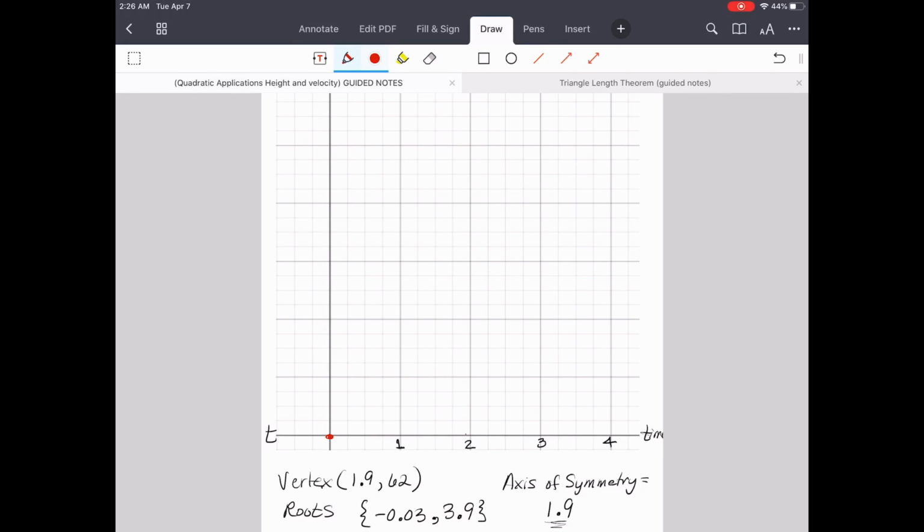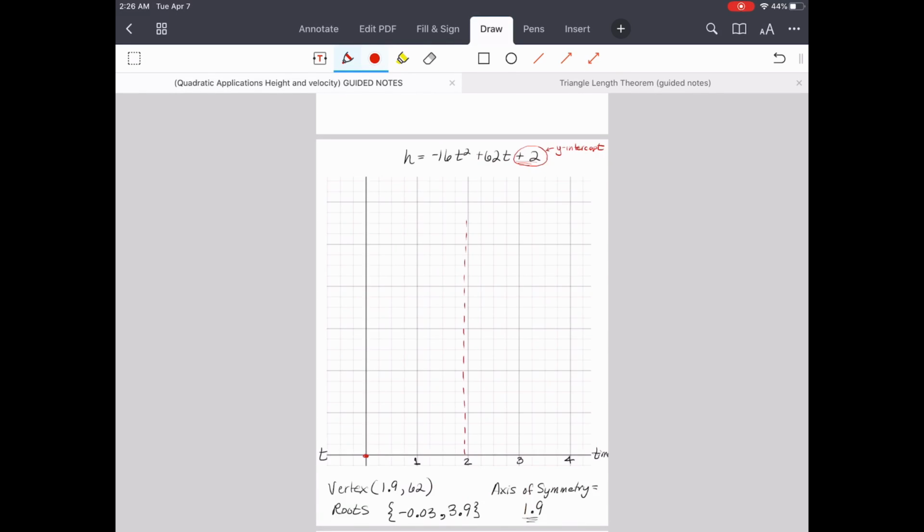Our axis of symmetry is pretty close to 2. And that's probably not close enough, but it's going to work for doing a hand-drawn parabolic graph.